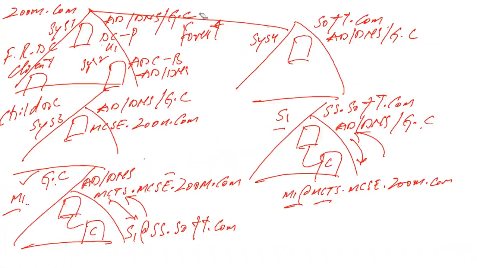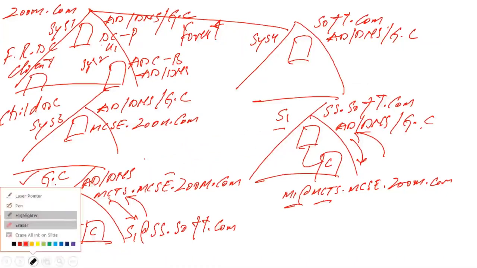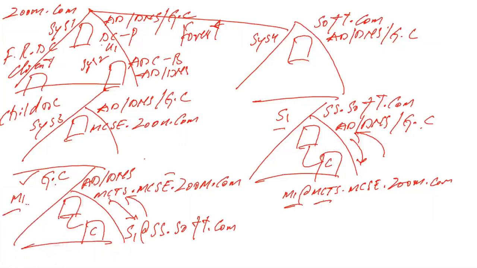So for example, this is my single forest, and you can see in my single forest we have multiple domains. I have a system1 DC, system2 ADC, system3 child, system4 is my NDF domain, MCTS domain, ss.south.com. So all these domains are working in my organization or not here? And assume this is my organization building, and in this building we have DC, ADC, child domain, clients, member server, and NDF domains.